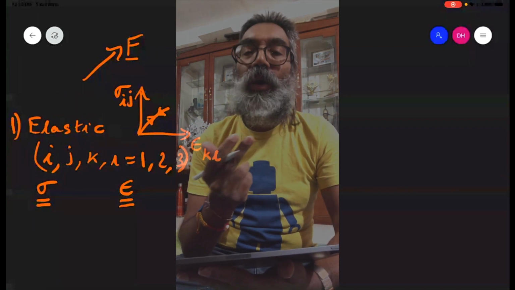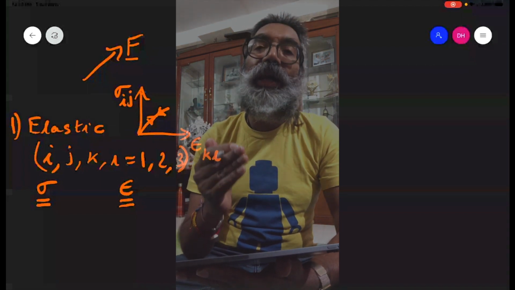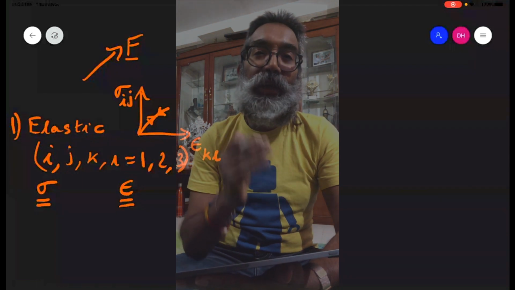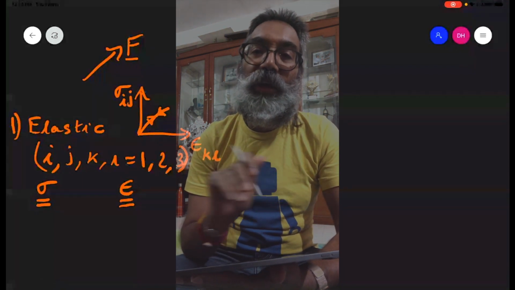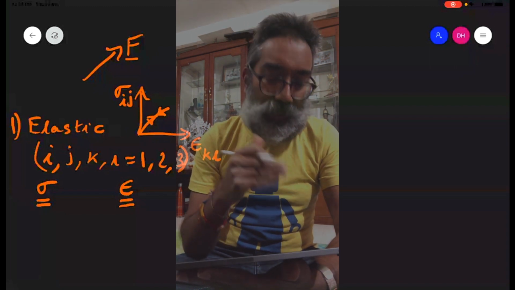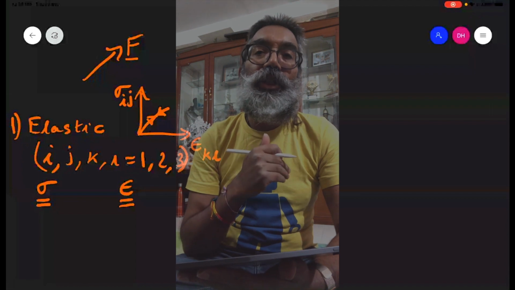We have seen this already. The plane on which it acts and the direction in which it acts on that plane. So first, to identify the plane, we need a direction, usually given by the normal to that plane, and then the other is the direction within that plane in which the stress acts.